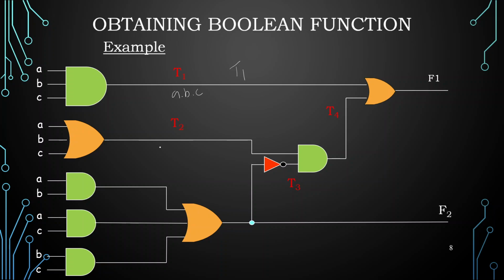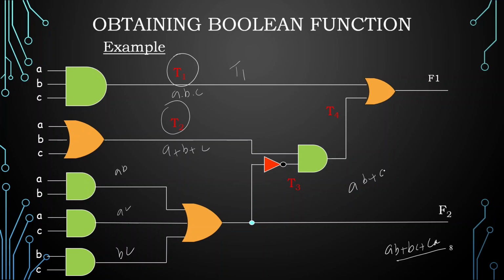What about this? It is A plus B plus C. What about this? AB, AC, BC, that is AB plus BC plus CA. You can find the expression of T1 and the expression of T2. From T1, T2 and T3, what is T3?